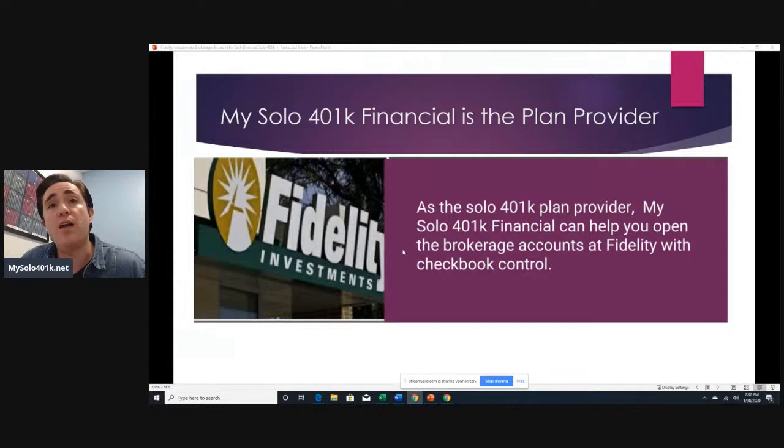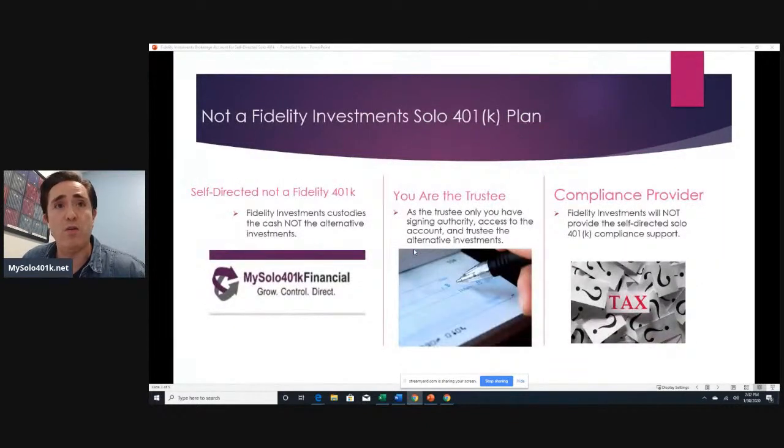Fidelity is not actually providing the documents, so it's not their plan that allows you to invest in real estate or to do mega backdoor Roth contributions. They don't offer a plan that allows you to do that. And then your business is the sponsor of the plan. You're the trustee. Those are the key roles here.